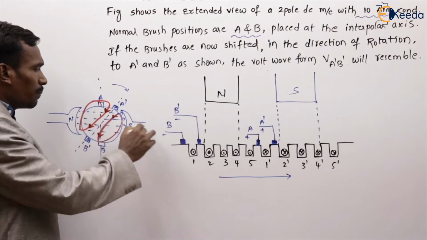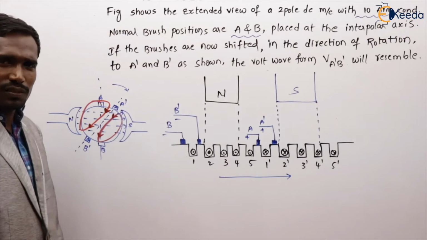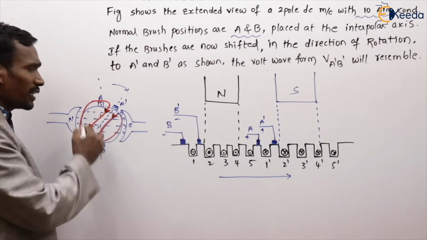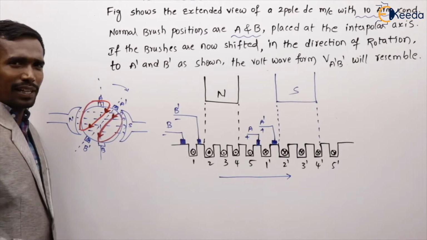This is the main field flux direction, and this is the armature flux direction. Due to this, magnetization and demagnetization take place.